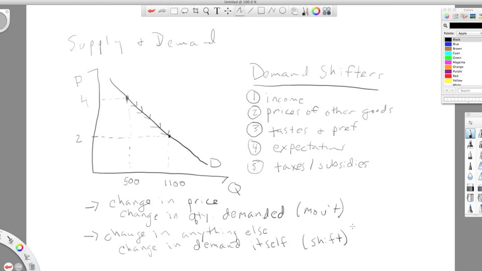So a shift versus a movement is really just another shorthanded way of talking about changes in demand versus changes in quantity demanded.